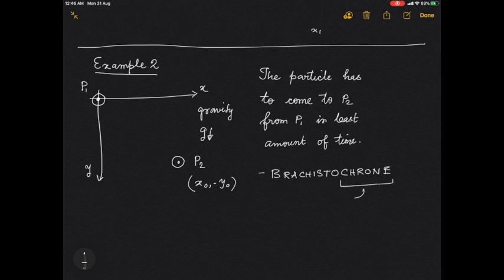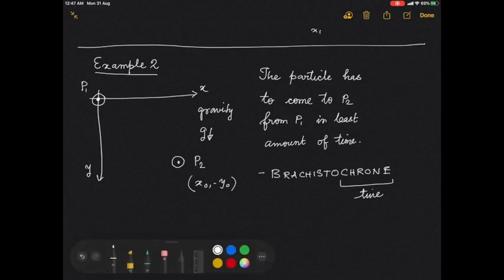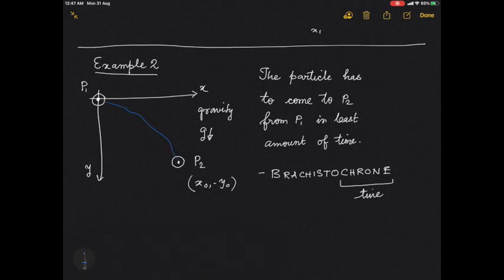Chrone means time, and I cannot break out the rest of it for you because I don't know how this German name works, but it's essentially telling you what is the path for the shortest time. So it can be like this, it can be a straight line, if you think it can be like that, it can even be like this.